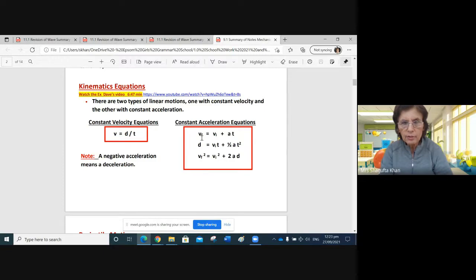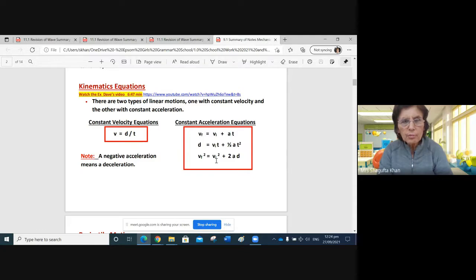In all of these three equations, four things are involved. There are four variables or four quantities. You will be given three, and you will be asked for the fourth one. In this one, there's no final velocity, but distance. In this one, there's no time. If something is decelerating, then you make the acceleration negative.